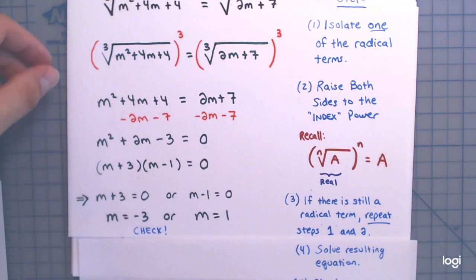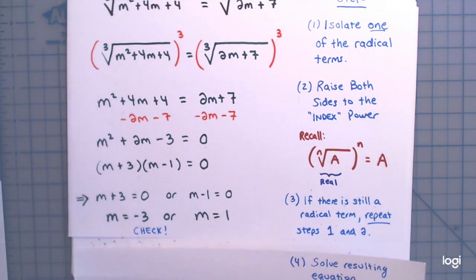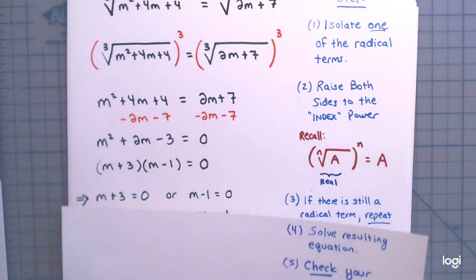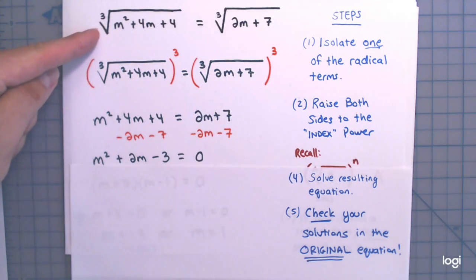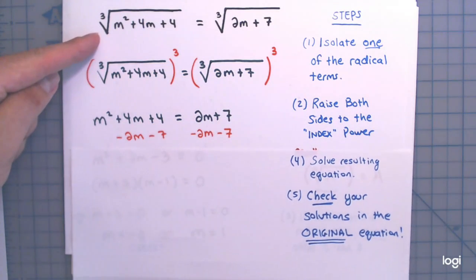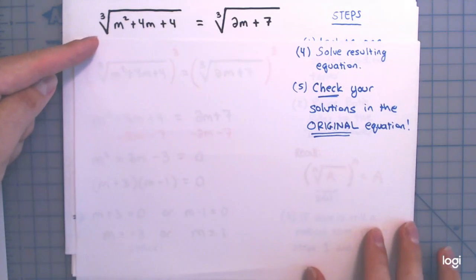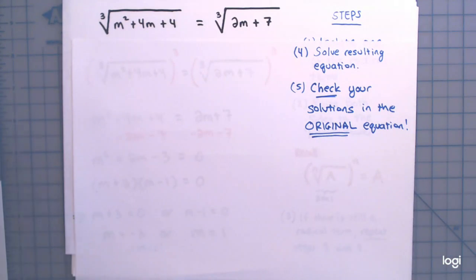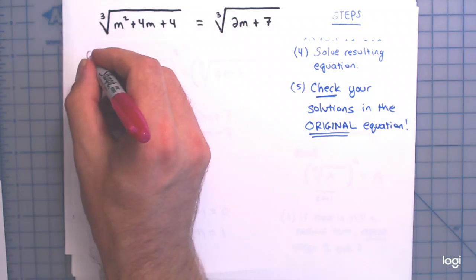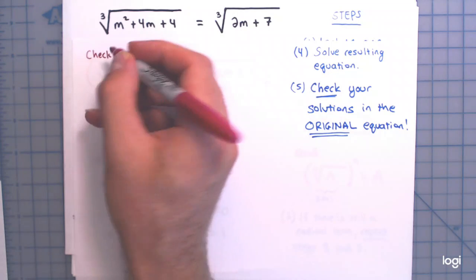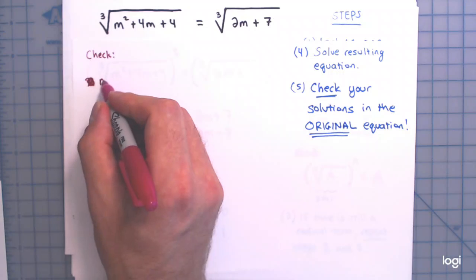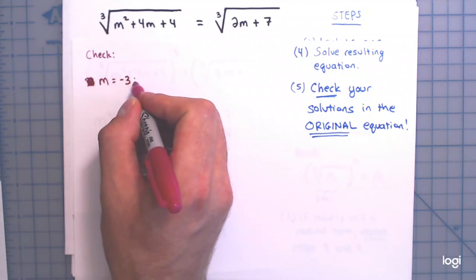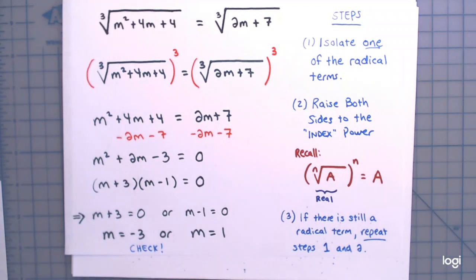Alright, so I'm going to do that up here. We have negative 3 or positive 1, and here's the original equation where I'm pointing. Let's do the last part where we are checking our solutions. One of those possible solutions was m equals negative 3.